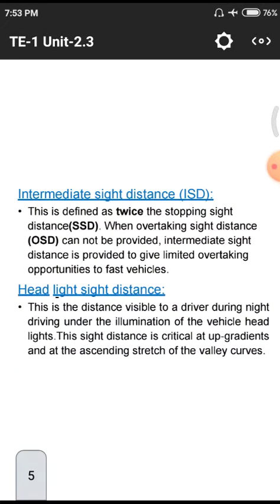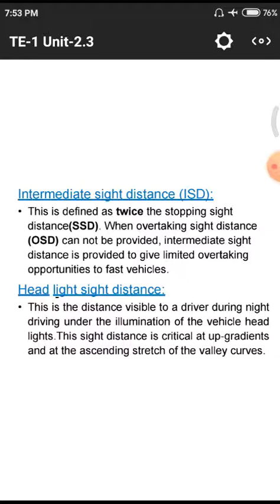And the next one is the intermediate sight distance. These things we need to know very carefully. Intermediate sight distance, ISD, is not prescribed in our syllabus, only for our knowledge we need to know it. It is defined as twice the stopping sight distance. That means 2 into SSD, we need to multiply by 2. It is used where overtaking sight distance cannot be provided.